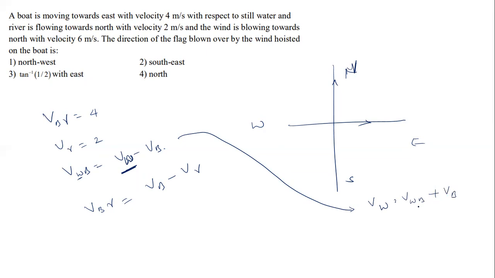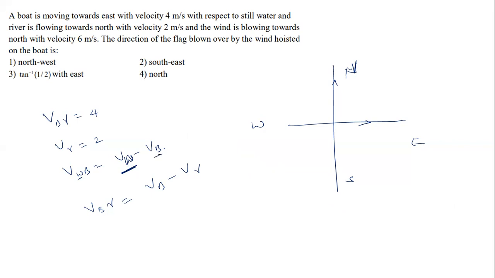Clear? Understand? Velocity of wind with respect to boat only required. So right. Now substitute from this what we required. Wind velocity already given.